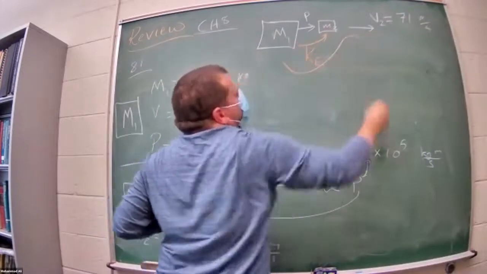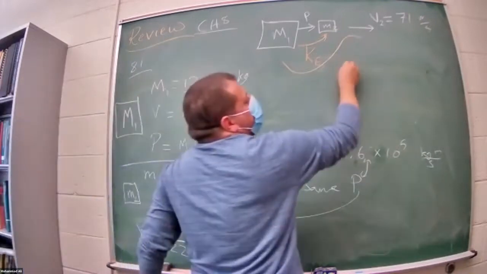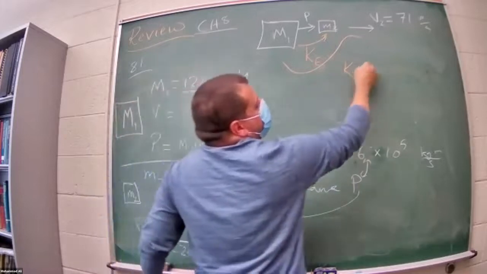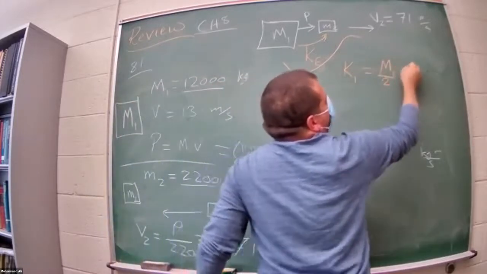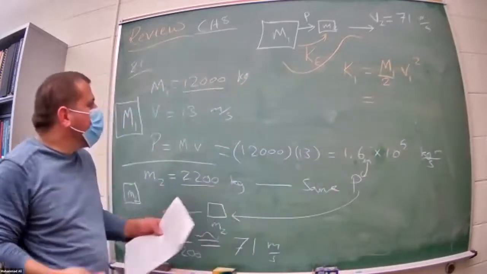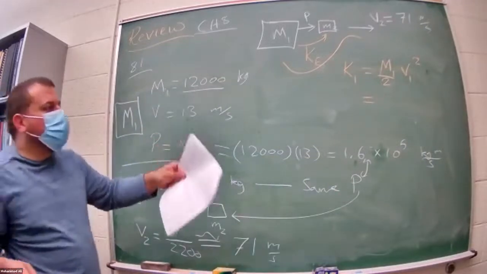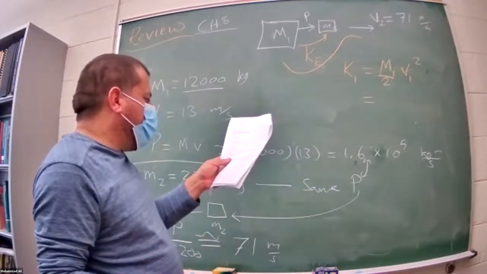We need to compute that. How much is the kinetic energy initially? Kinetic energy initially for the first mass is equal to m1 over 2 v1 squared. You need to compute it, okay?